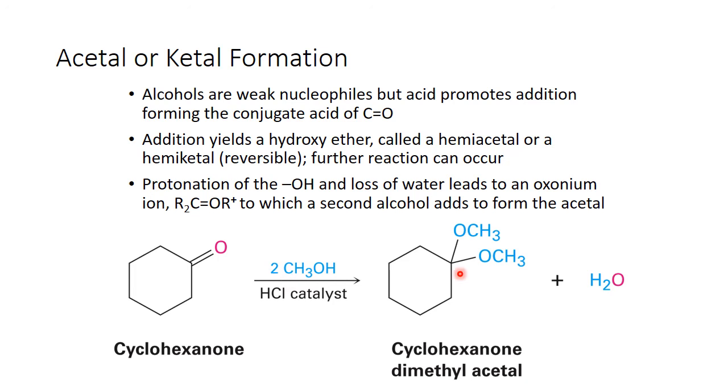And then there are things called hemiacetals and hemiketals, in which one of these groups would be an alcohol group instead of an ether functional group. So the first thing that happens is you get the hemiacetal or the hemiketal, and then you end up getting the acetal or the ketal.